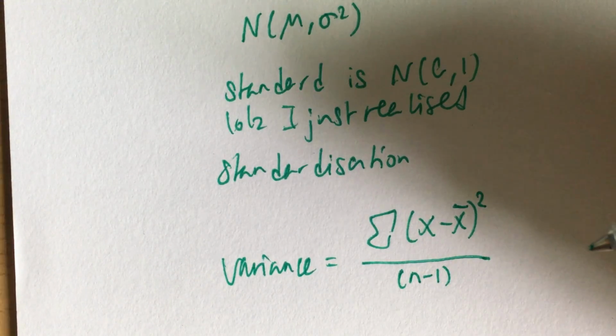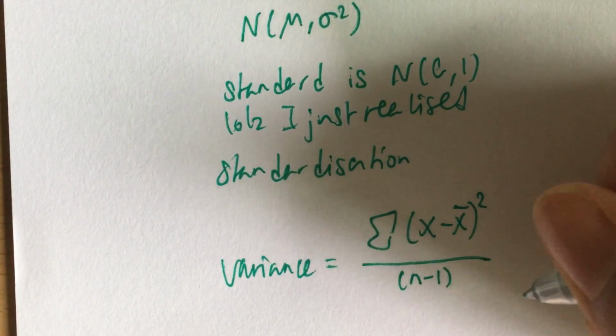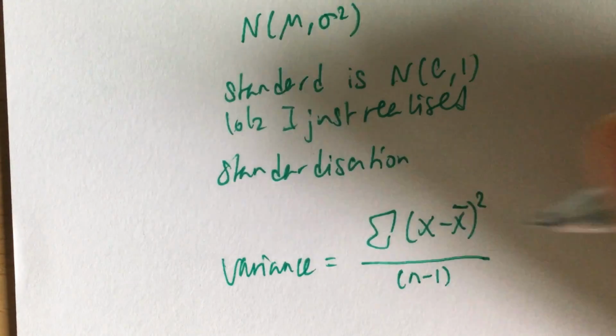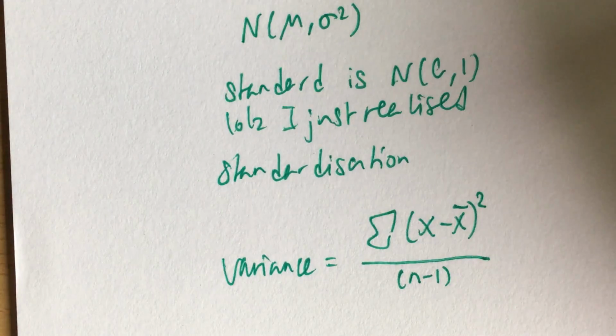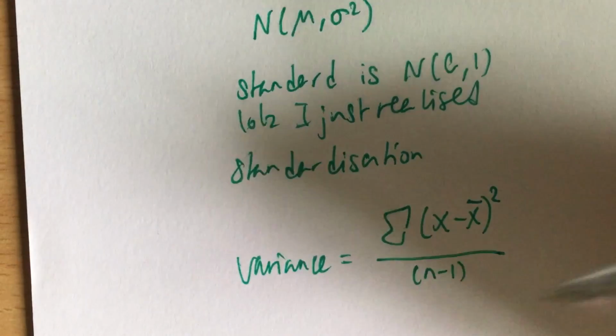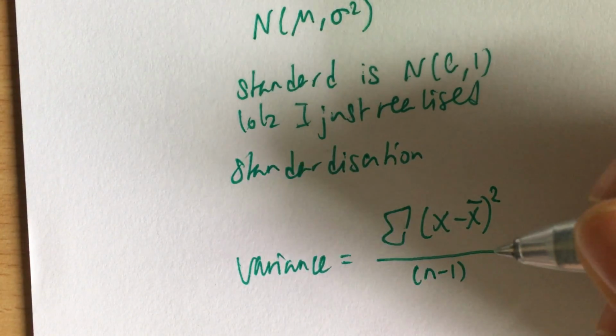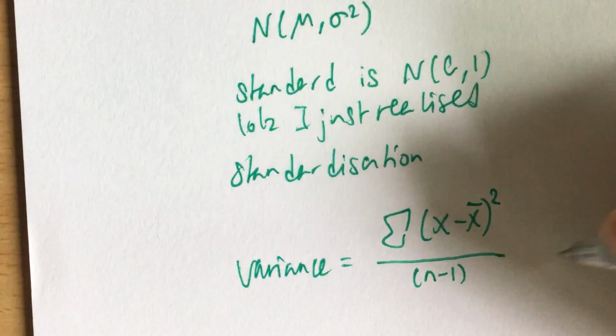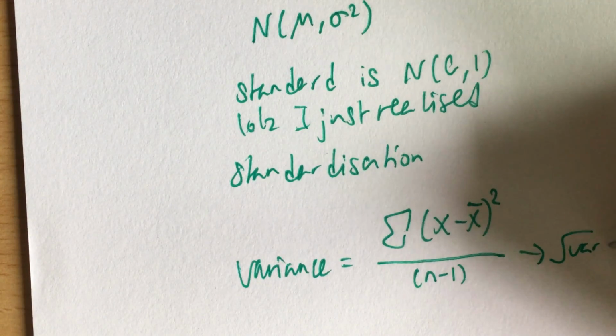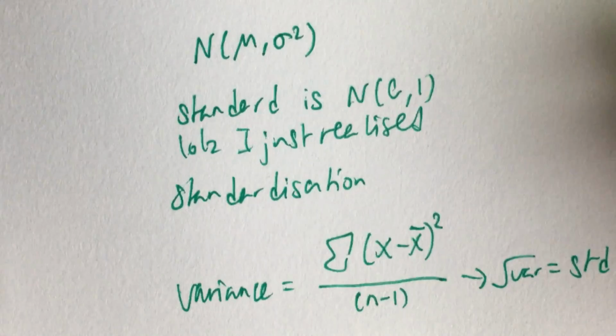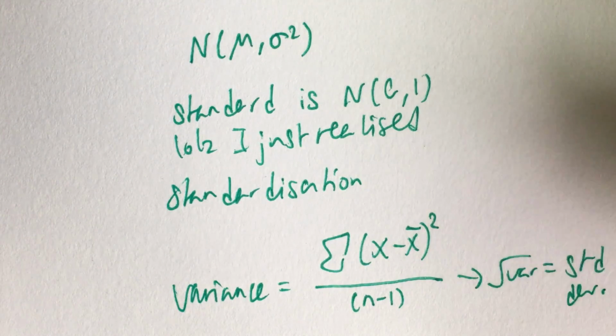So when you square this number, add them all up and then average it, you get the average deviation from the mean. So in a way, this is the variance. And when you square root it, you get standard deviation. So yeah, that's how you get variance.